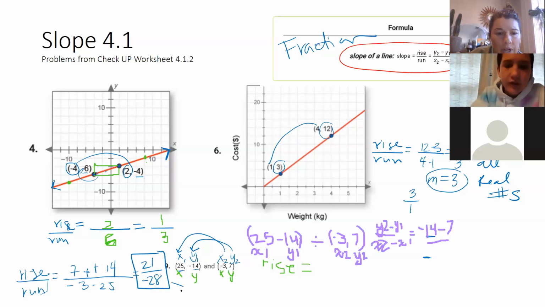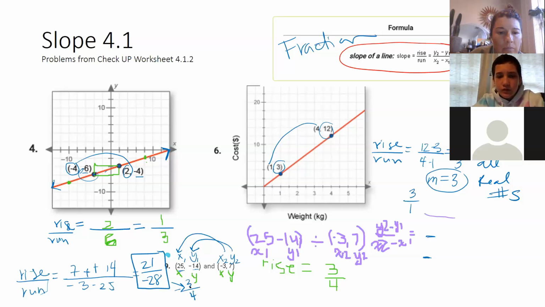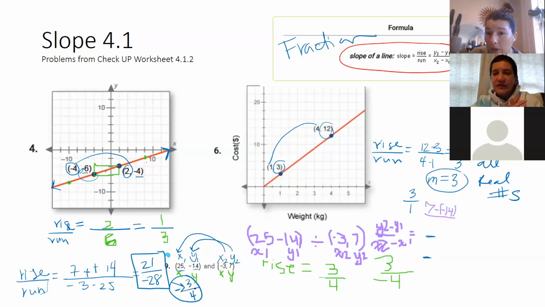So we're going to be left with 21 divided by 7 is 3. 28 divided by 7 is 4. And we still need that negative. We need a negative for our slope. So these points are on a line where our slope is negative 3 over 4. Negative 3 over 4. Good.